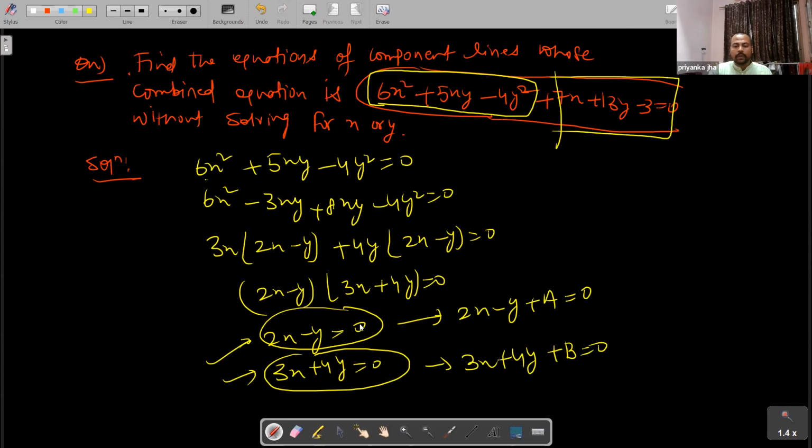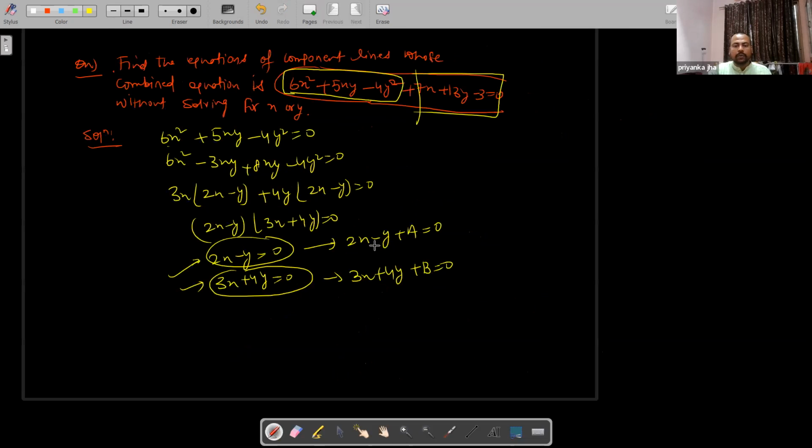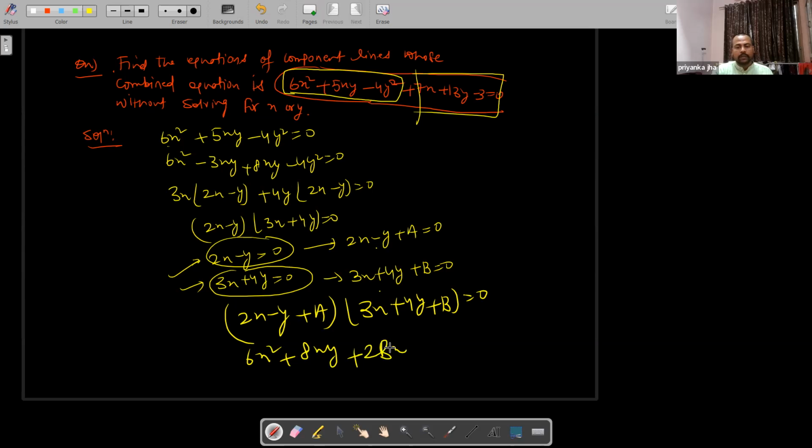Now multiply these two lines: (2x − y + a)(3x + 4y + b) = 0, which gives 6x² + 8xy + 2bx − 3xy − 4y² − by + 3ax + 4ay + ab = 0.